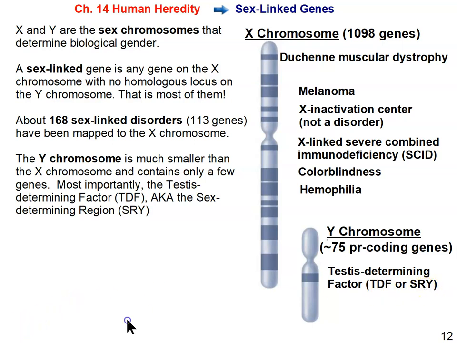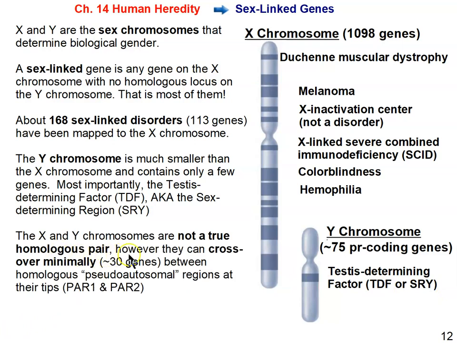As I already mentioned, they're not a true homologous pair, and only about 30 genes will cross over between homologous regions at their tips. At the tips of any two homologous chromosomes, the very tips are the most likely to cross over. And when it comes to the X and the Y chromosome, that only happens at the very tips.